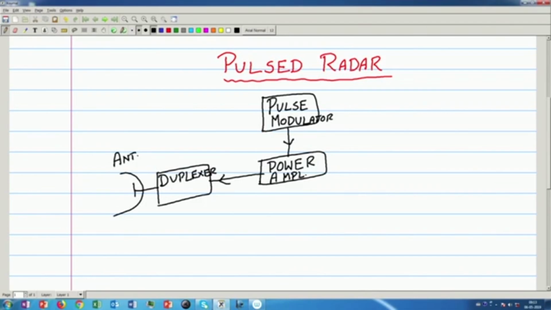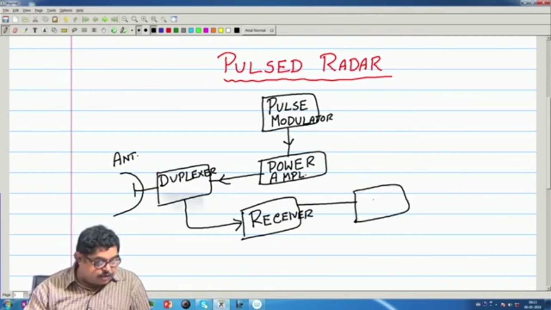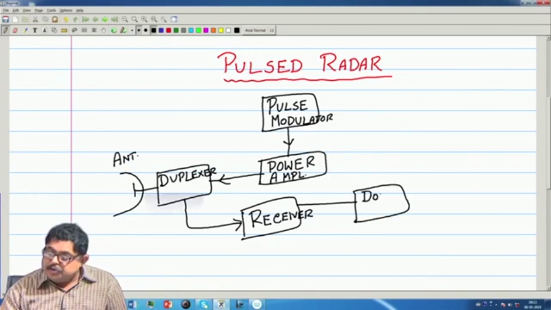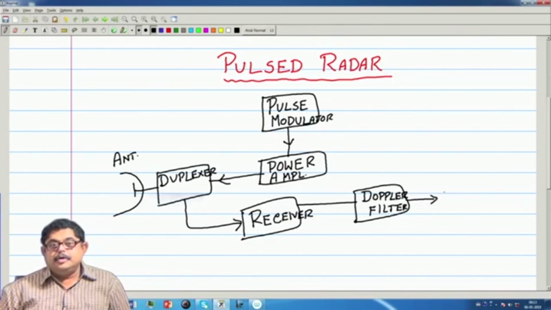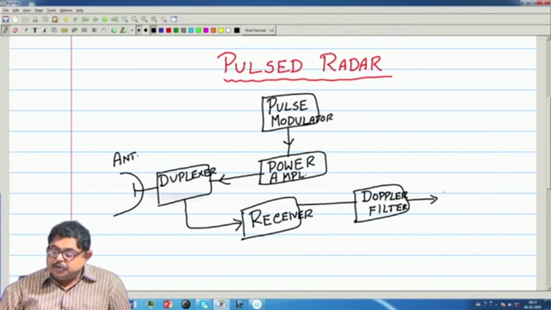Now, when the transmission is off, this same antenna is then receiving, and so duplexer has another path by which the received signal comes to the receiver, and from there is a Doppler filter and we get the velocity of the target, also the range.